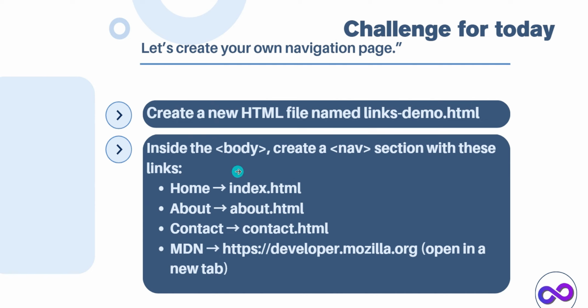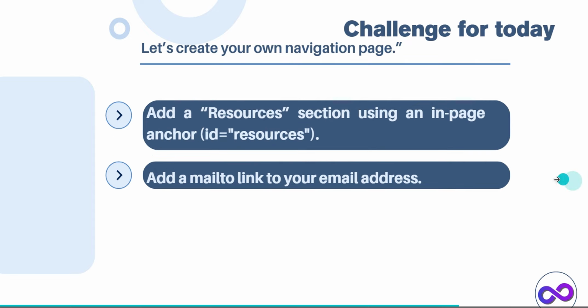We are going to add in our body a nav with index.html, about.html, contact.html, and an external link for MDN docs. And don't forget to add a resource section using an in-page anchor ID resource, and a mailto link to your email address.